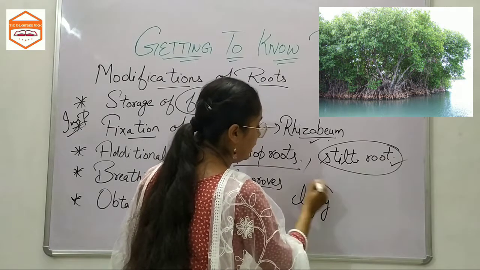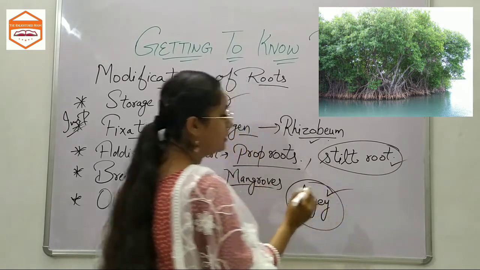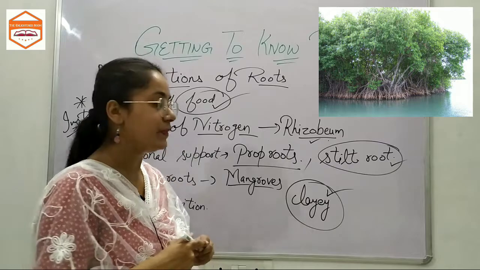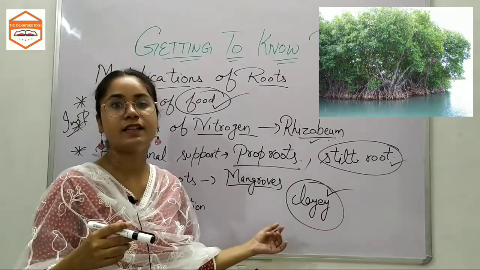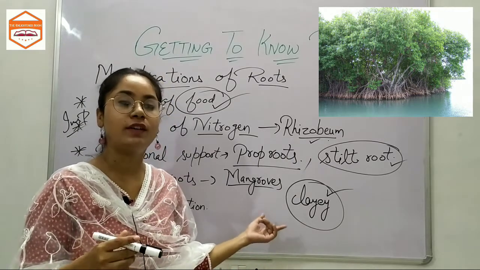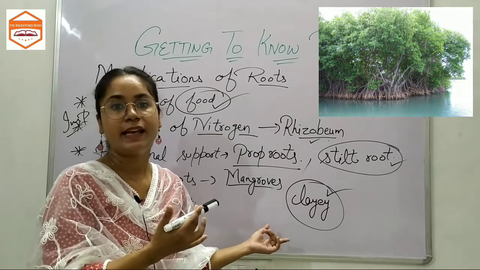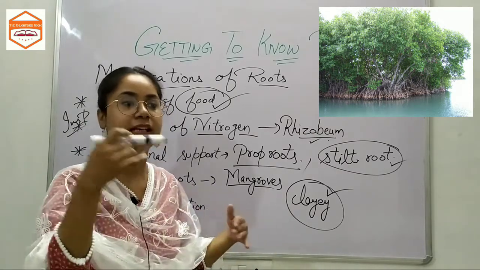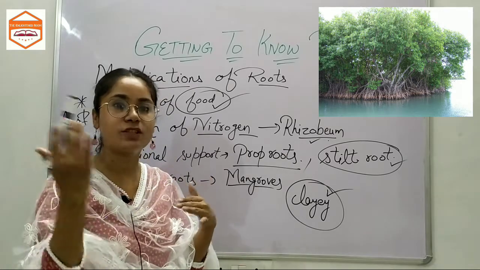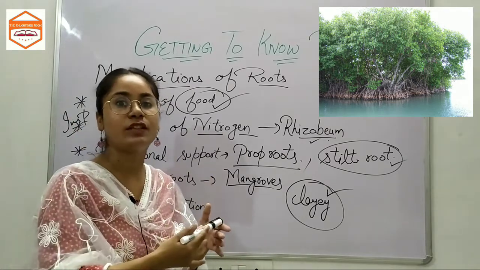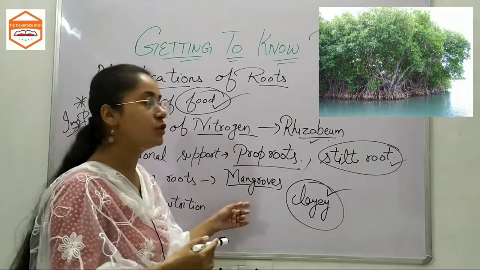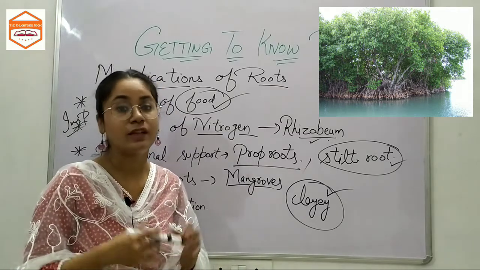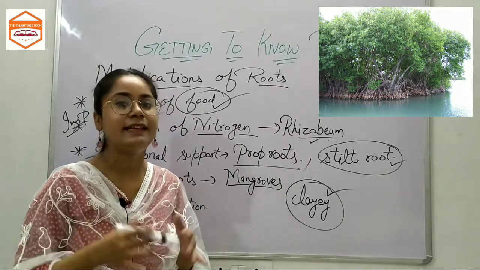That clay soil binds the water so tightly that there is no space, no pore for the passage of air. And if there is no passage of air, there are no pores for the passage of air, the roots would not be able to breathe. Well, the roots also breathe. They need air.